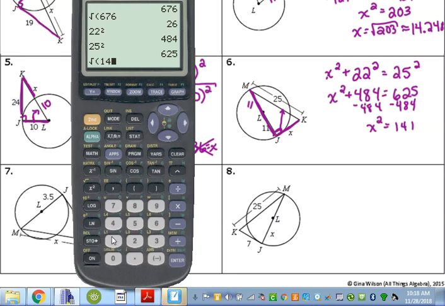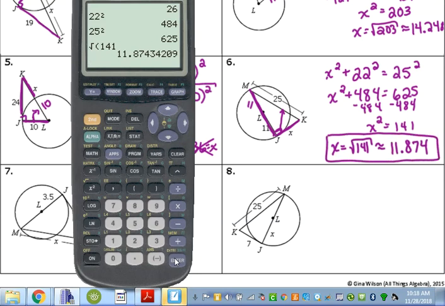Square root of 141, not a perfect square, so we are going to write it as the square root, and we are going to write down its decimal approximation. And that was one of my legs. According to the picture, it was the shortest leg, and that does match up.